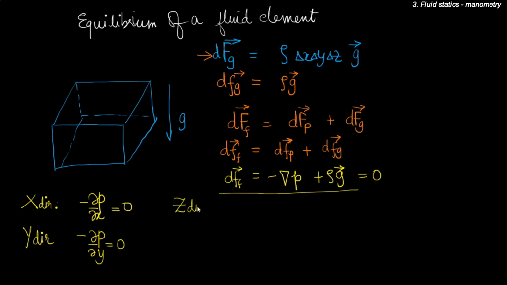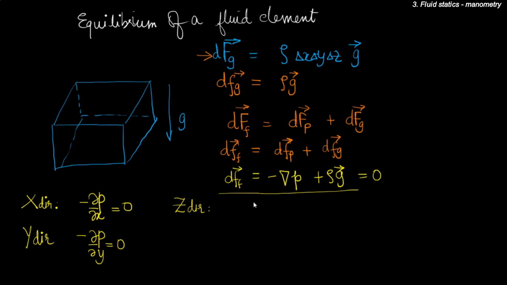So in the z direction, we have minus del p del z plus rho times the g vector, but the g vector itself points in the negative z direction. So in fact, let me show you how to properly, rigorously write this.